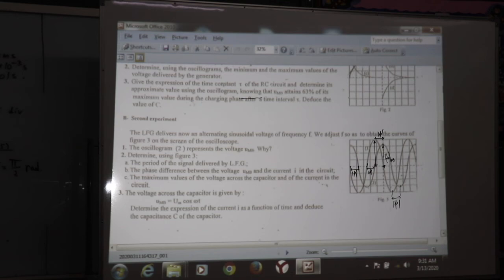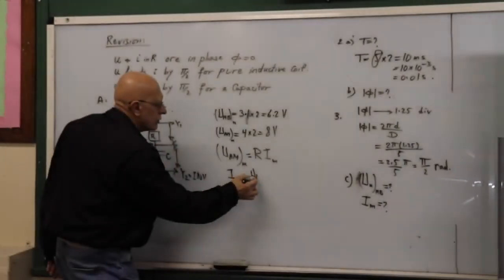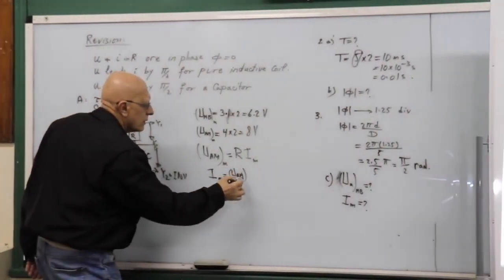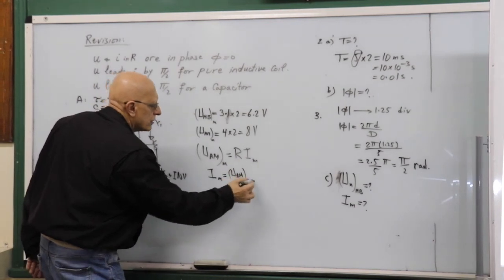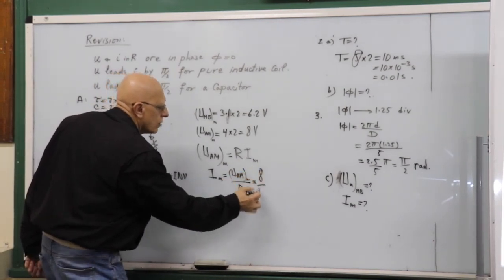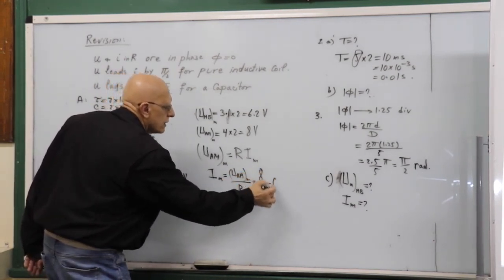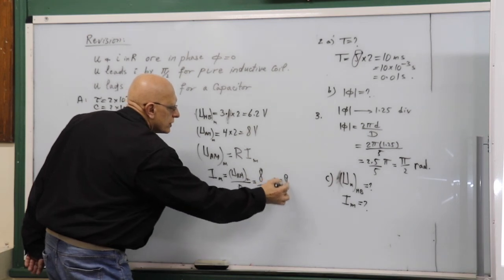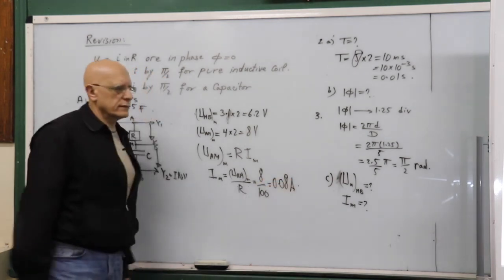UR maximum is equal to R Im. So Im is equal to UR maximum over R, gives you 8 over 100, gives you 0.08 ampere.